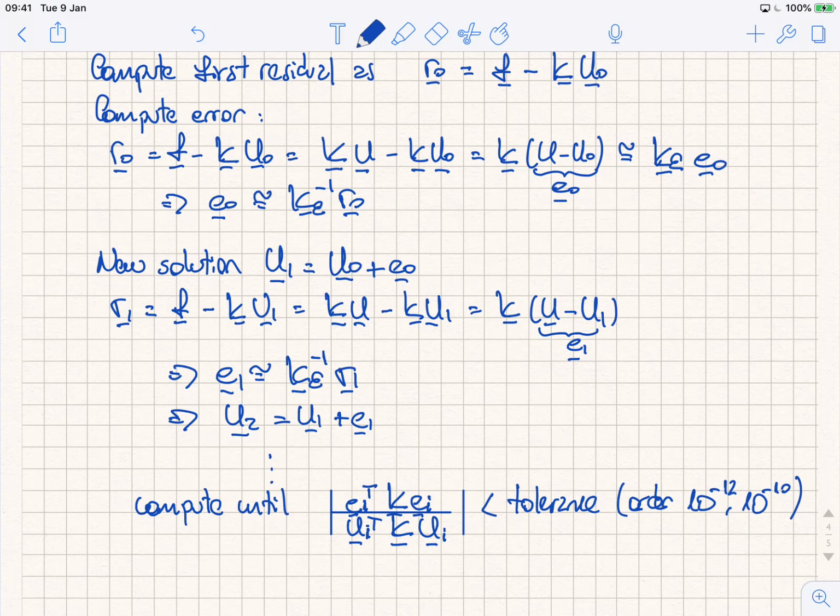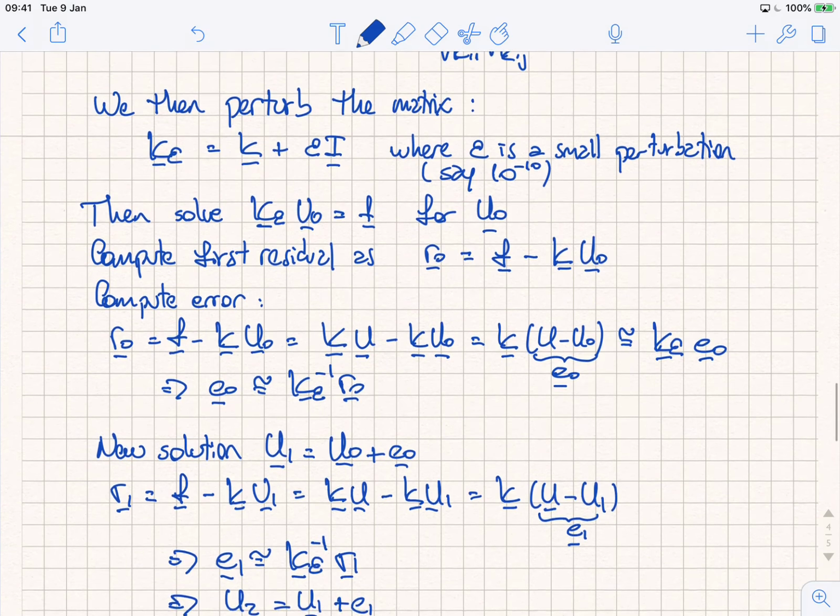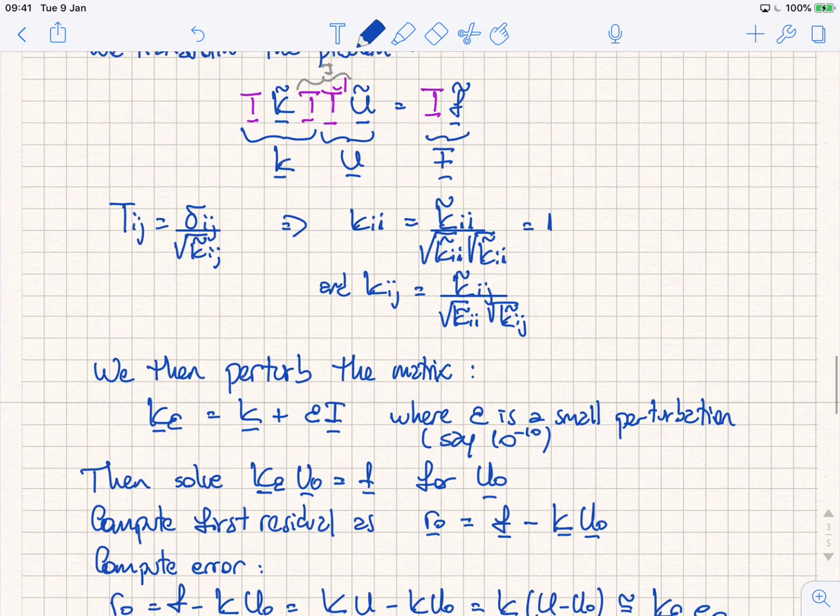Yeah. So again, it seems complex, but it is actually quite straightforward.